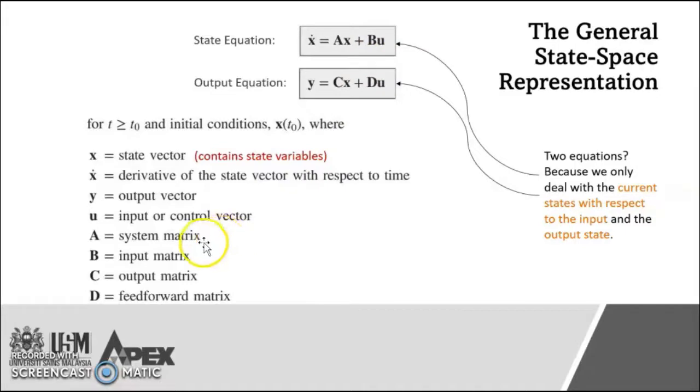So you have four matrices. The first one is the system matrix, B is the input matrix, C is the output matrix, and D is the feedforward matrix. So in most cases, it can be ABC without D, there's no feedforward. And in some cases, there is D with a feedforward matrix, okay?